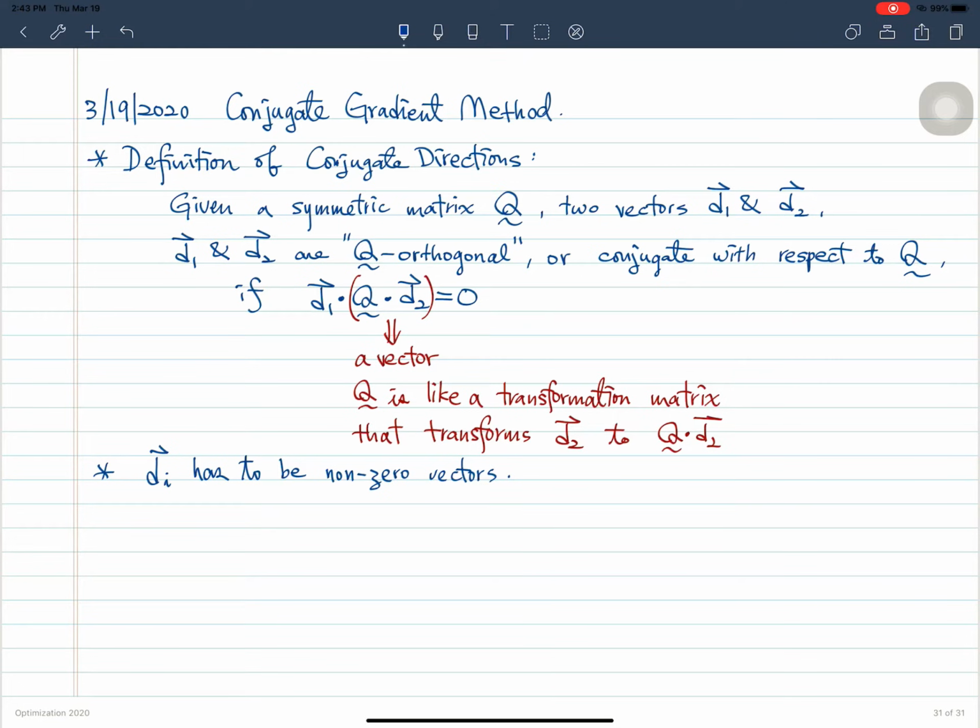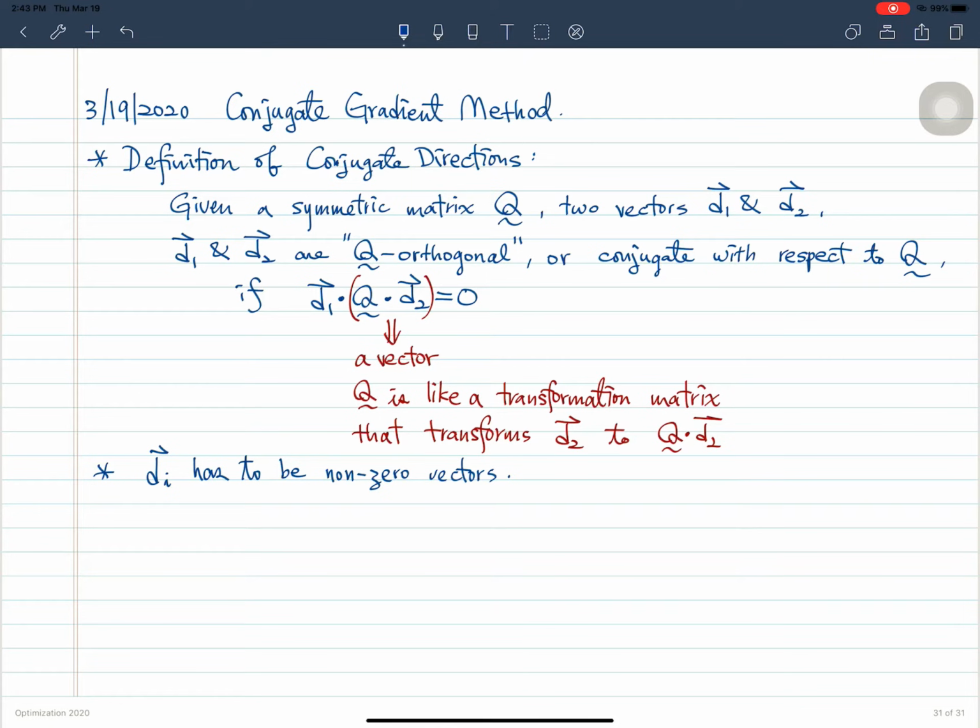If you have a moving direction of zero, you don't move, and your optimization stops. So this method only works when all the D vectors are not zero. That means later on, when you try to find a solution, your design can move somewhere along some D direction.